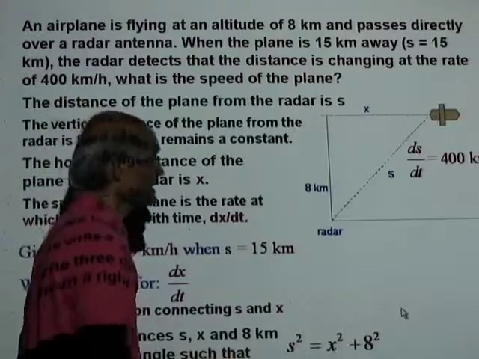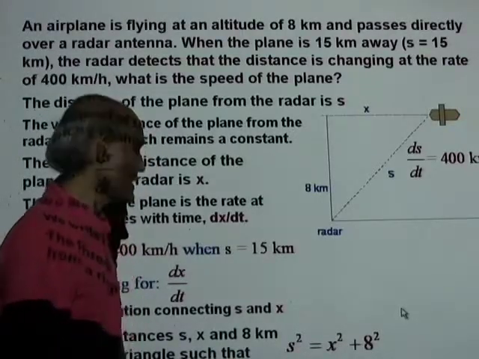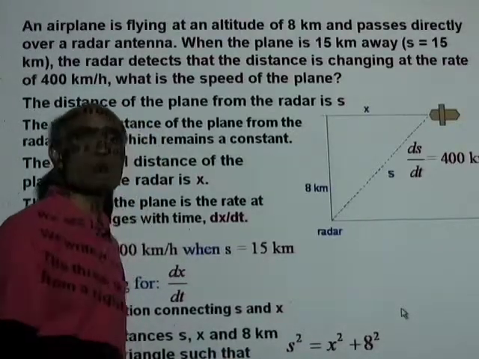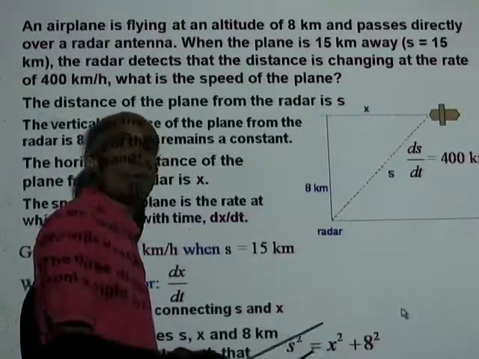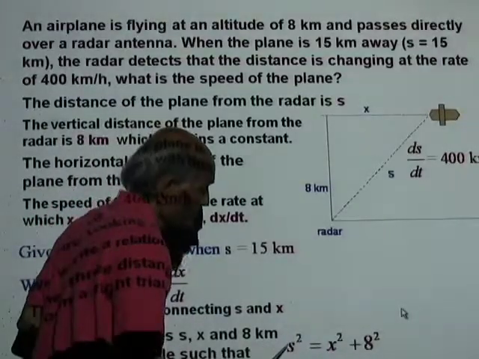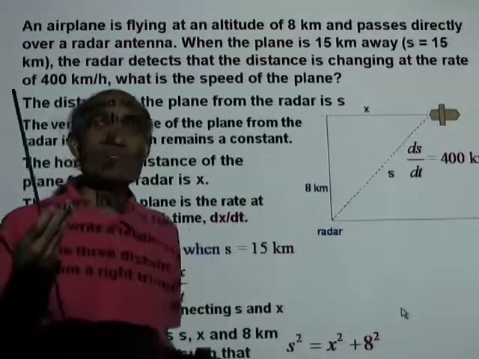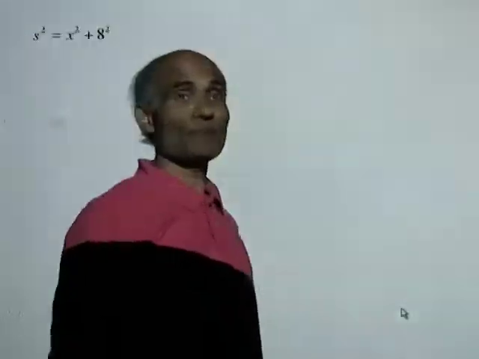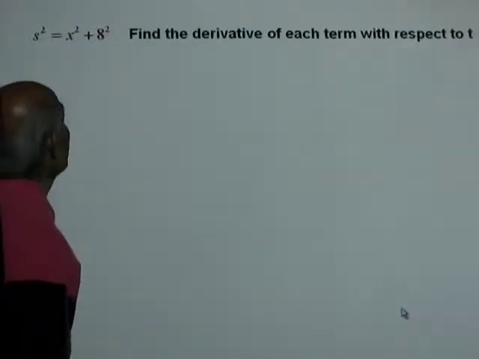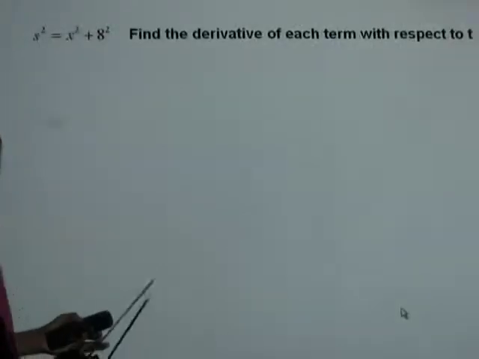What you need to do now is find the derivative of each term with respect to t, the time. All right, let's do that. s squared equals x squared plus 8 squared, and find the derivative of each term.